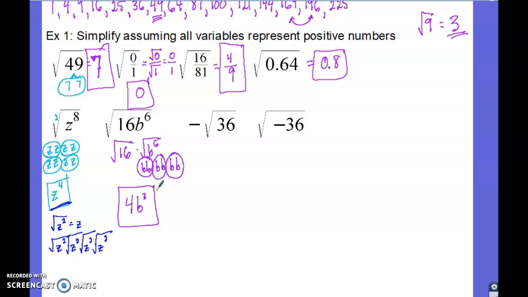And again, you can do the problem like I mentioned here, where the implied index is 2, because it's a square root, and do 6 divided by 2 to give you 3 right there. It doesn't look like a 3.